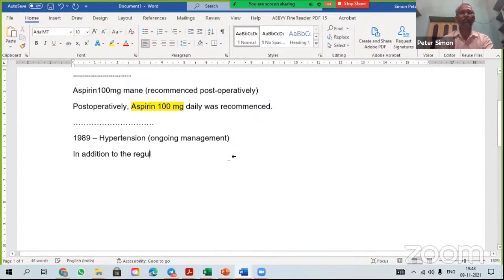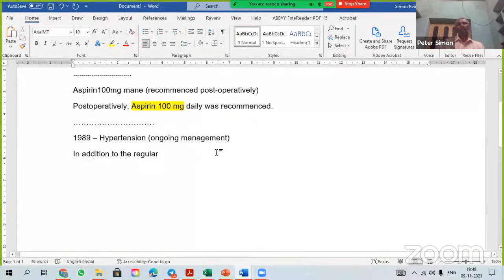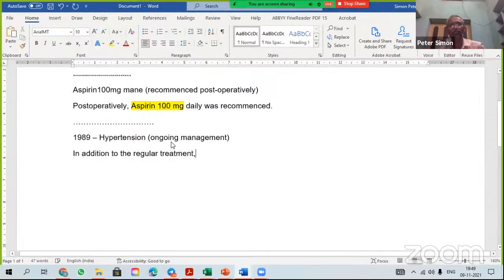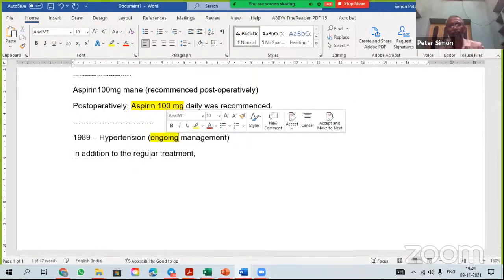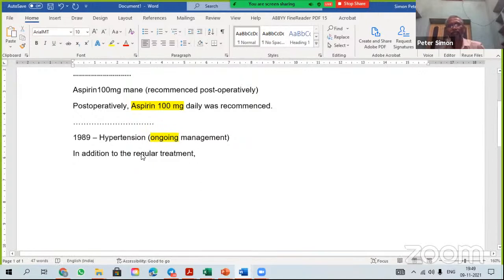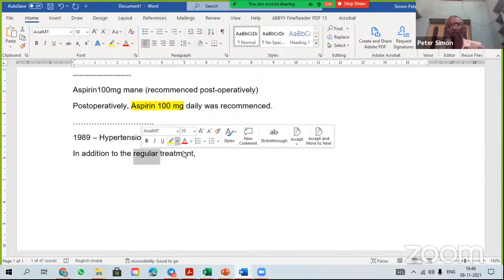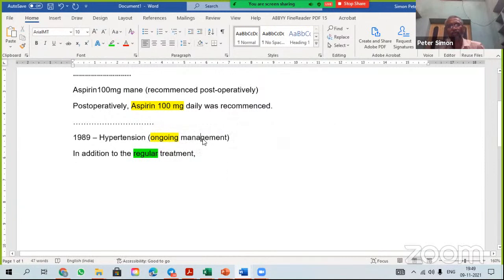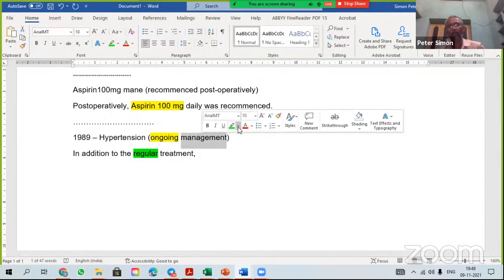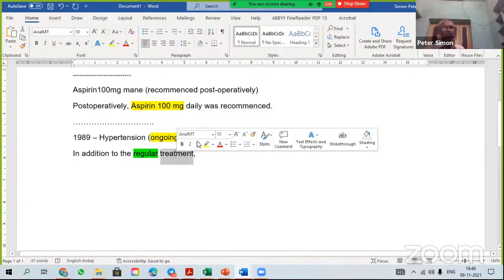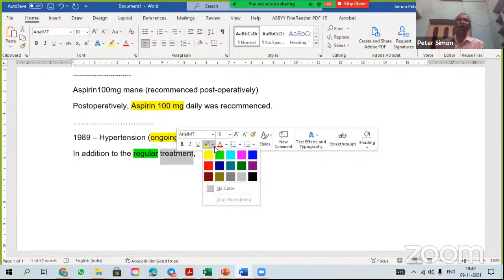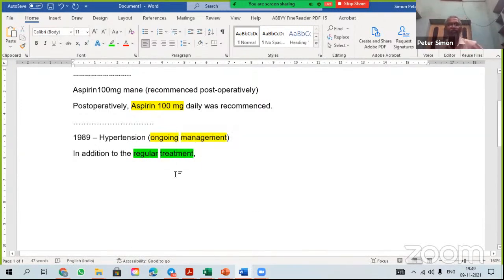Don't say management. So change the words. Instead of ongoing, you change the word to regular, and management, you say treatment. So I think you understand how I am modifying. In addition to the regular treatment, comma, regular treatment for what? Regular treatment for hypertension.